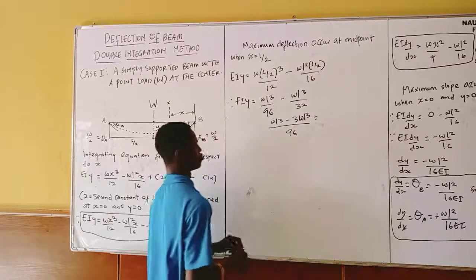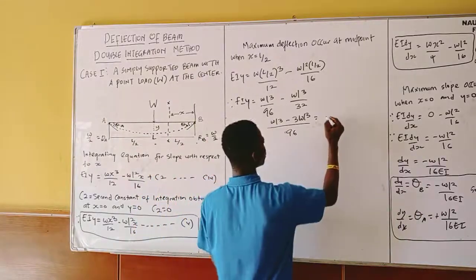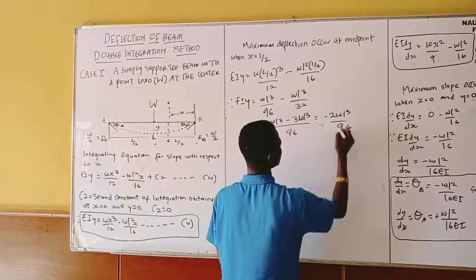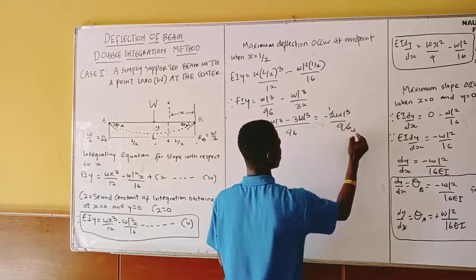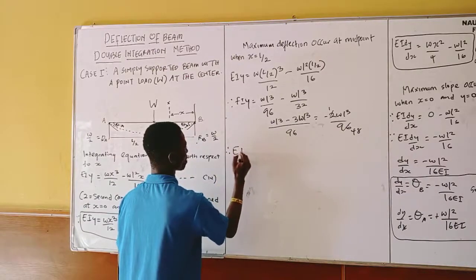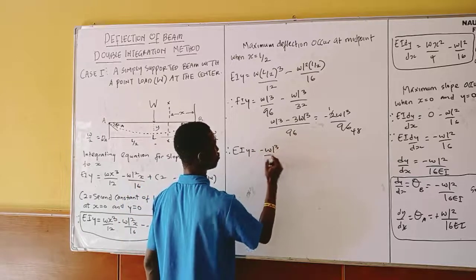So now we have WL cube minus 3WL cube, so we are going to have minus 2WL cube over 96. So 2 here, 1, 2 here is 48. So therefore our EIY is equal to minus WL cube over 48.